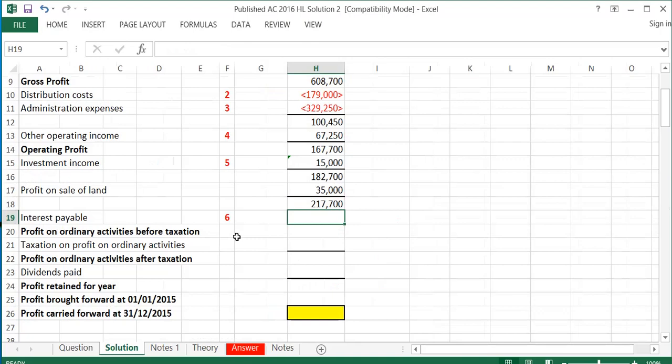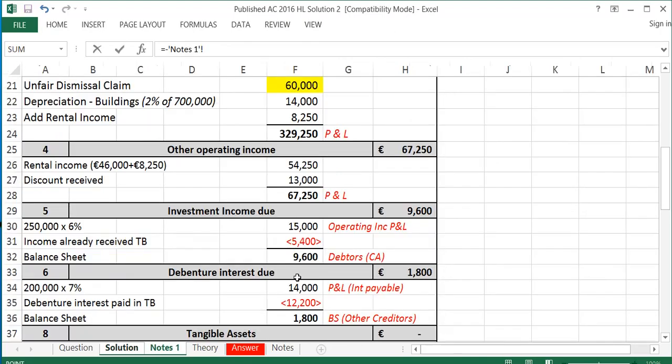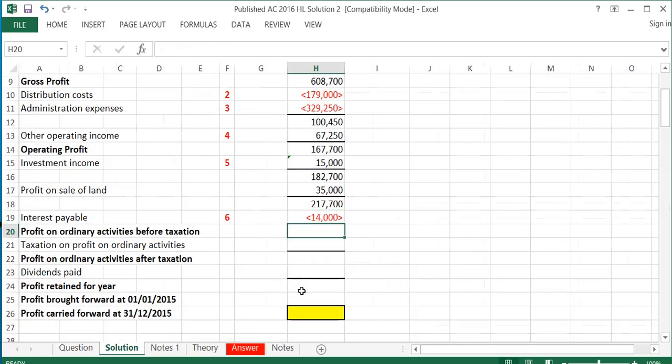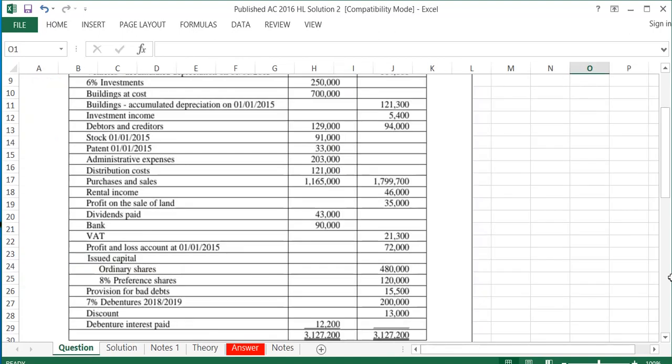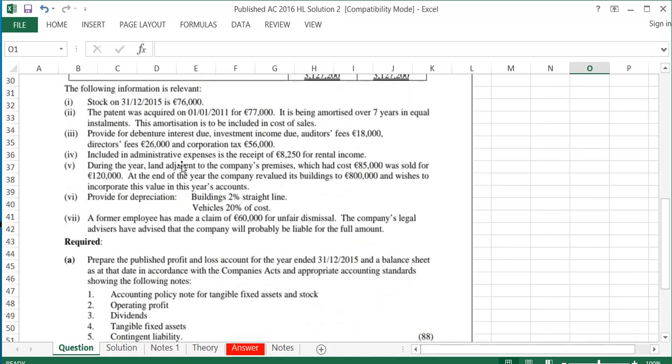So to fill this in, interest payable is going to be minus 14,000. So my profit before tax will then be 203,700.